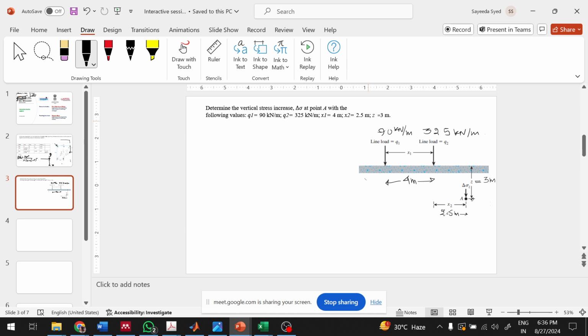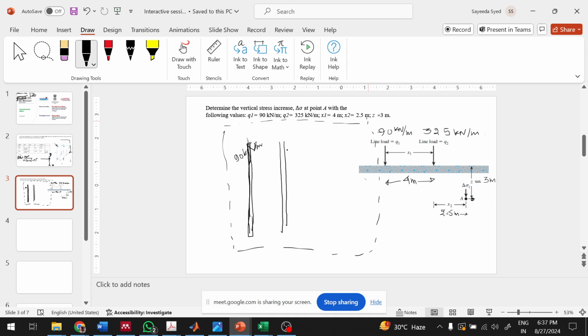So we want to calculate, like there is a line load here, something like, let's say that there is a wall here and a wall here. If I watch it from the top, there is a wall here and it is producing a self weight of 90 kilonewton per meter.